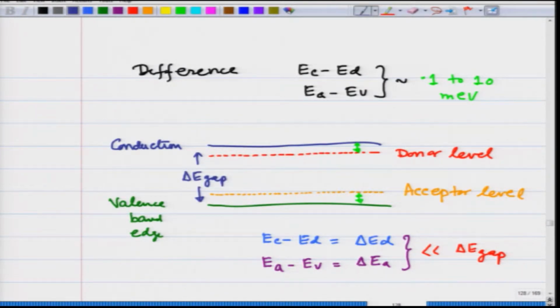So, at room temperature, which is of the order of 25 milli electron volts, main contribution to the charge carriers will come either from donor level or acceptor level if both are not present. So, let us now understand what the behavior of these charge carriers is going to be.